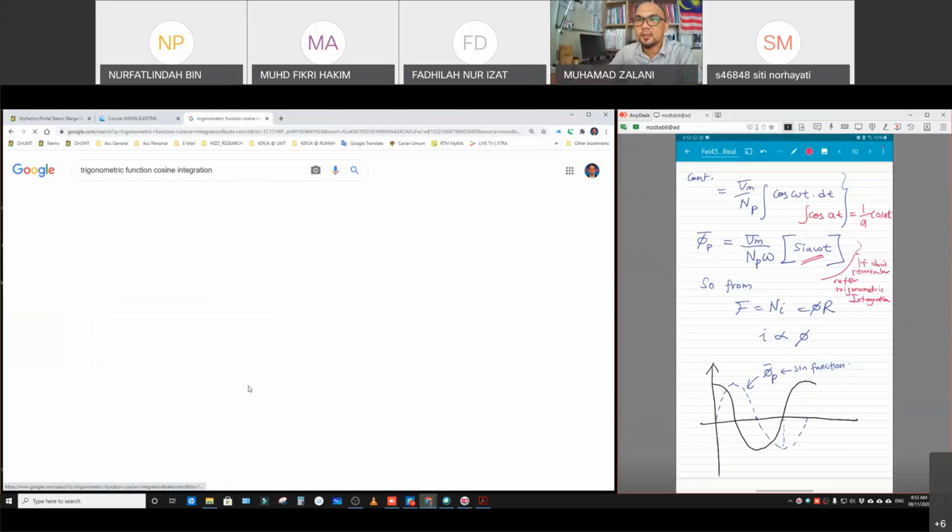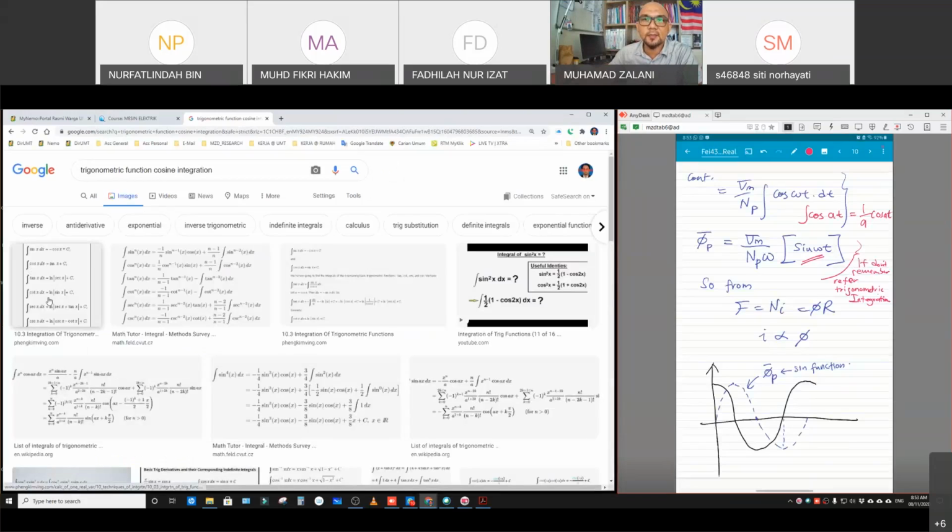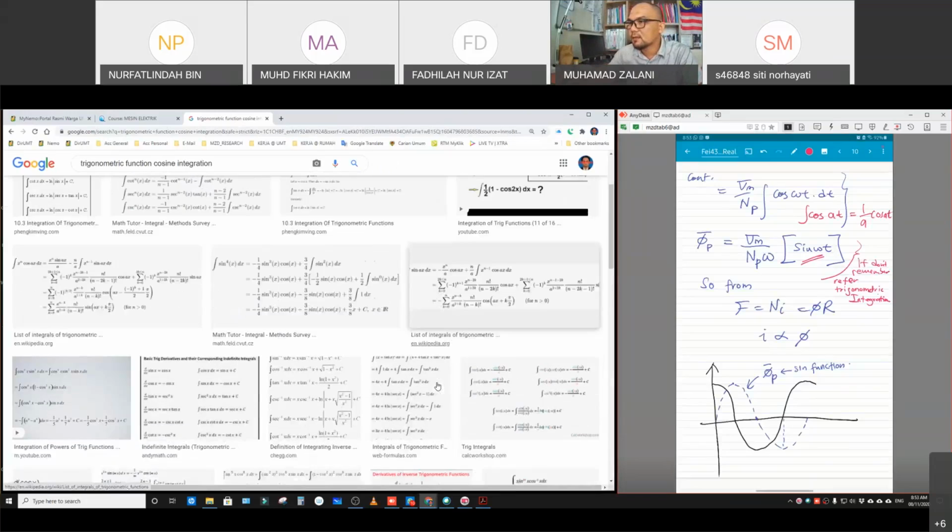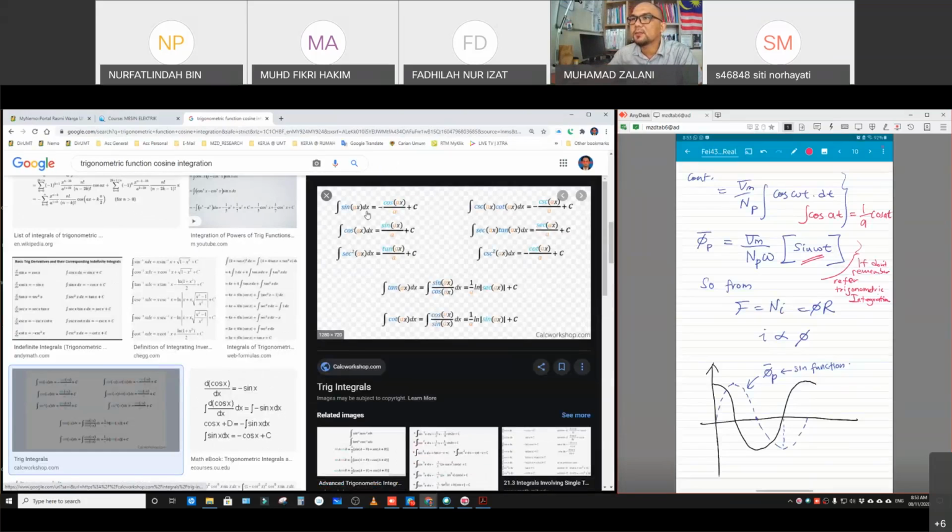Go to images, and then you will see some of the functions. For example, in this one, if we integrate cosine ax dx, we will get sine ax over a. If we integrate sine ax, we will get negative cosine ax over a.